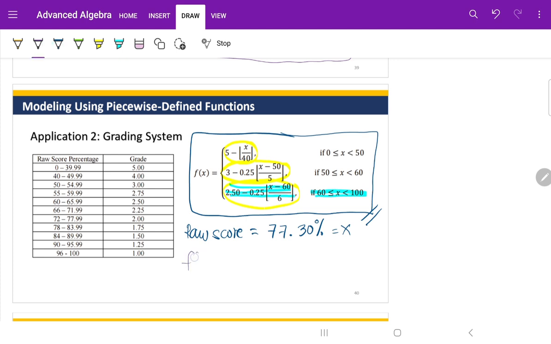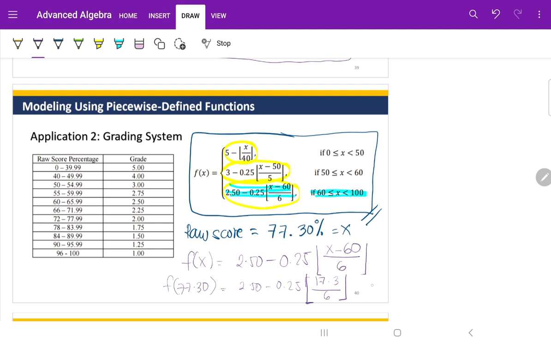Thus, f of x is equal to 2.50 minus 0.25 multiplied by the floor of (x minus 60) over 6. Substituting x equal to 77.30, this gives us 2.5 minus 0.25 times the floor of (77.30 minus 60), that is 17.3, over 6.